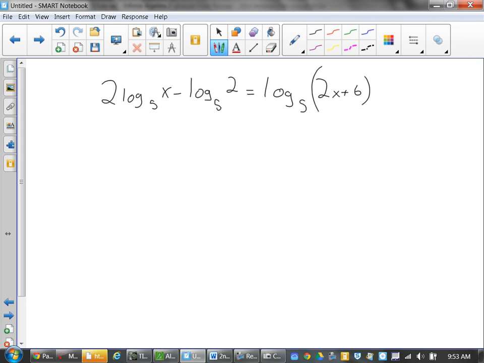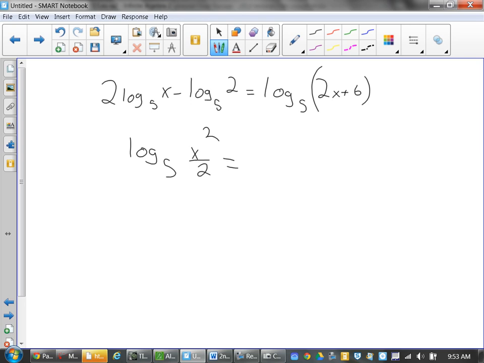Okay, what this one is forcing you to do is to condense the left-hand side so you get the same log base. When you get the same log base, you exponentiate both sides and the logs go away. So here you wind up with log base 5 of, let's see, x squared over 2. But then you can put the 5 in the drop.